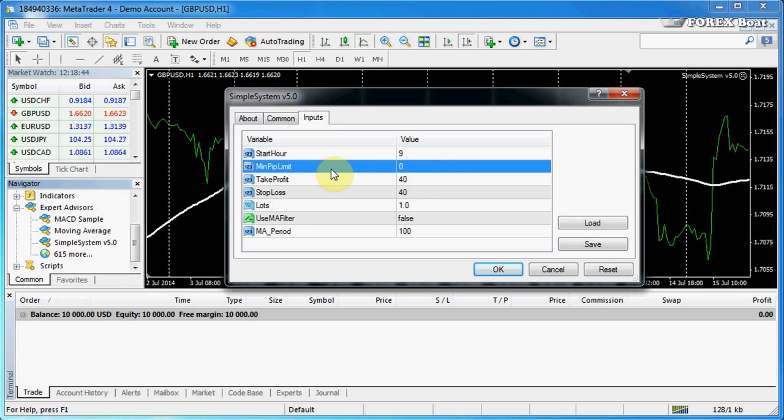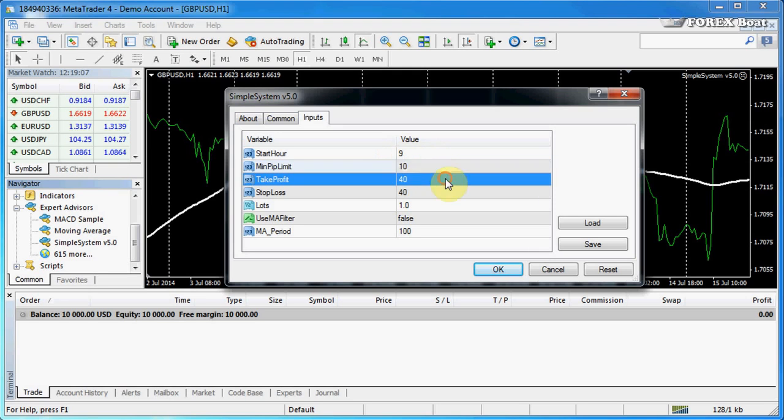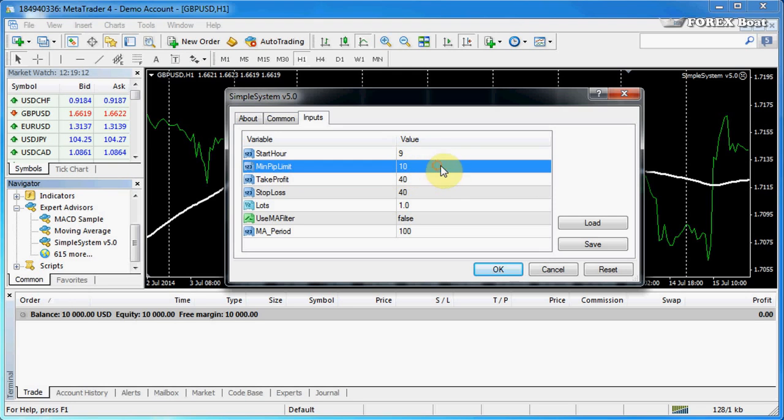What it does essentially is it specifies what the minimum distance should be between the open price of the day and the price of this hour for the Expert Advisor to be triggered and for it to be able to create trades. So if I say 10 pips, then if the movement was less than 10 pips, then orders won't be triggered. So it's kind of an additional filter.